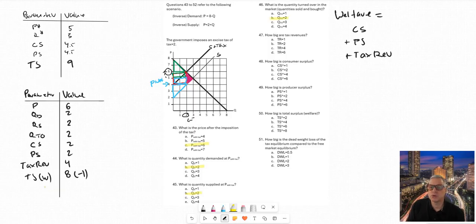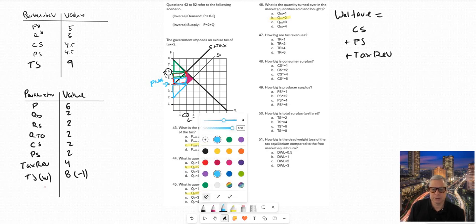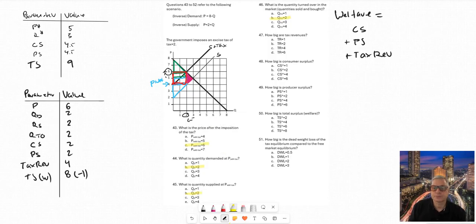Well, that's 2. How big is the tax revenue? So that is this area here. So that was 4. So tax revenue is 4.